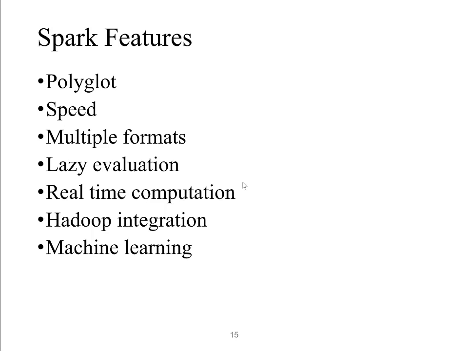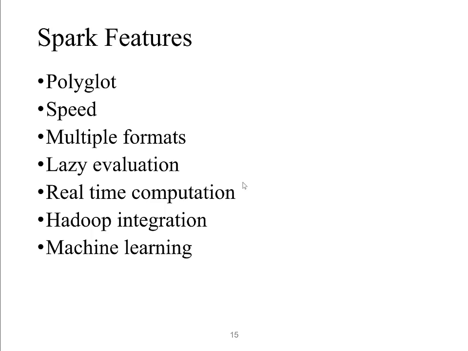And it also provides a shell in Scala and Python. And speed. Spark runs up to 100 times faster than Hadoop MapReduce for large-scale data processing. Spark is able to achieve this speed through controlled partitioning. It manages data using partitions that help parallelize distributed data processing with minimal network traffic.